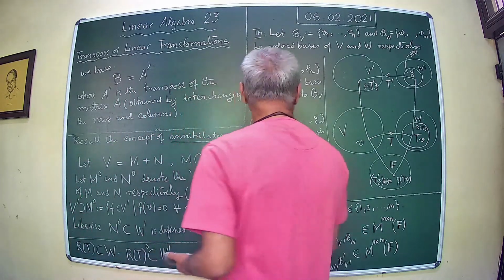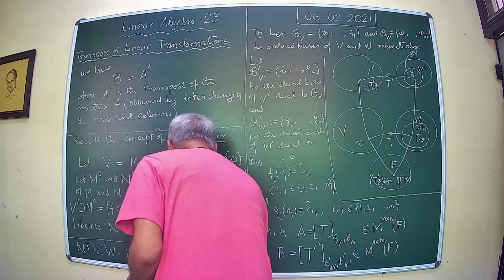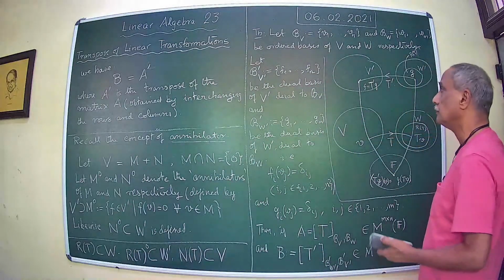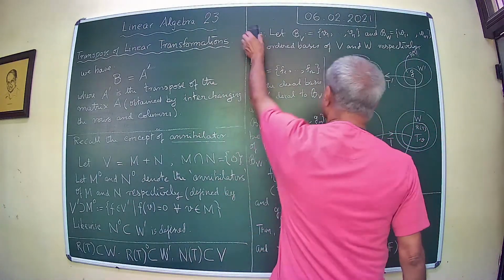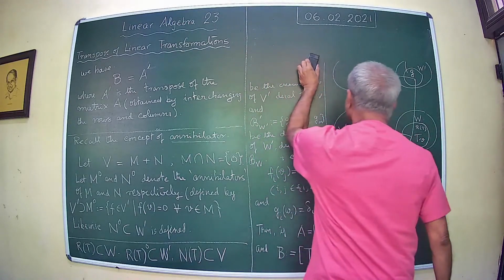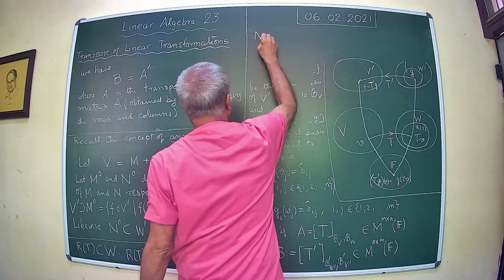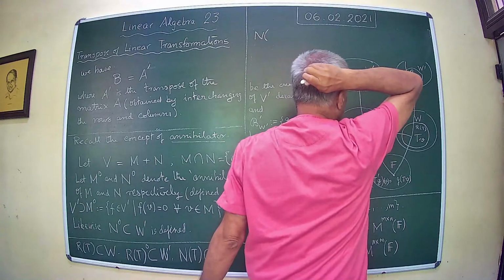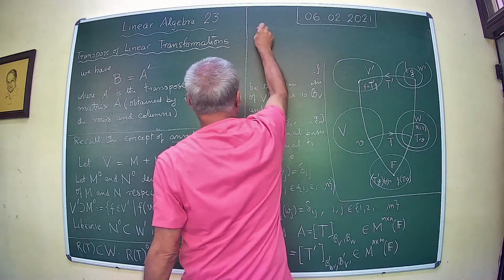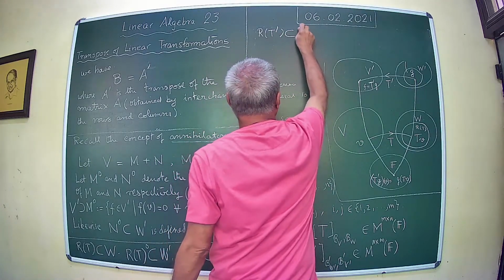Then we have, the null space of T is a subspace of V, and the range space of T prime is contained in V prime.